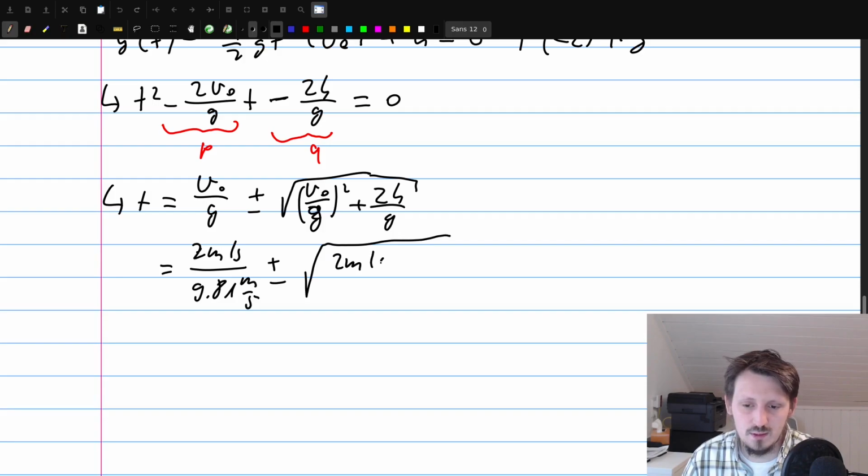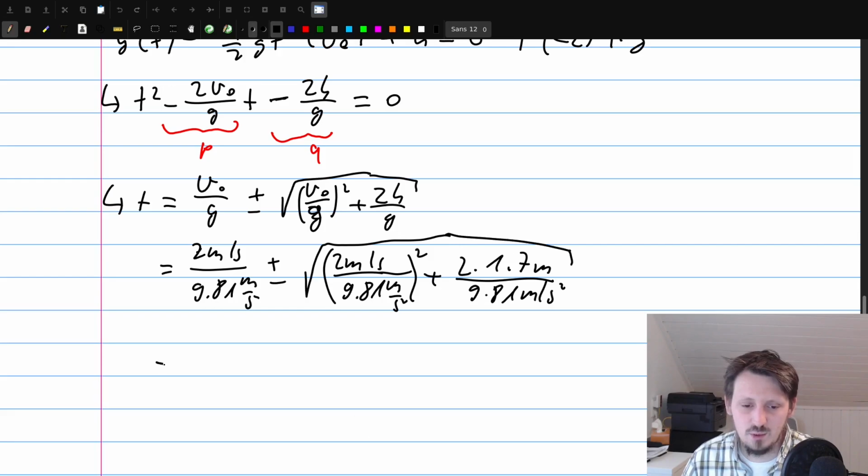So it would be 2 meter per second divided by 9.81 meter per second squared, squared, plus 2 times 1.7 meter divided by 9.81 meter per second squared. Then you can type everything into your calculator, and as a result I got 0.83 seconds. And this is a very interesting result, because this is the total time of flight which the stone needs to fall back to ground.